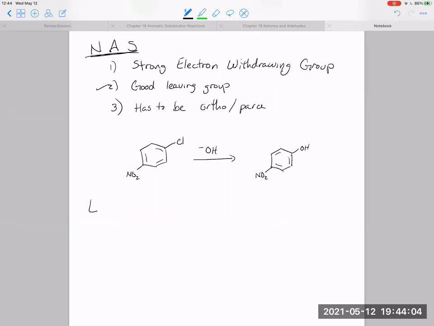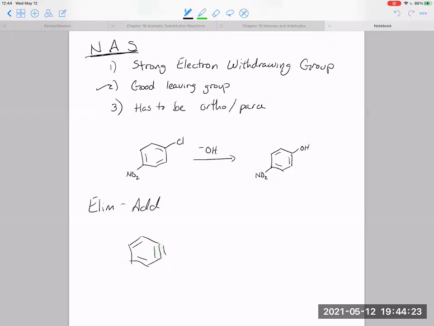Okay, so this instead will undergo something called elimination addition. And the bottom line there was that it goes through this very weird intermediate, benzyne, where you actually have a triple bond on that benzene ring.